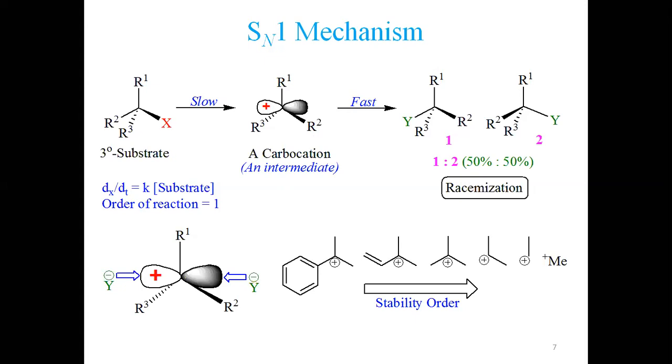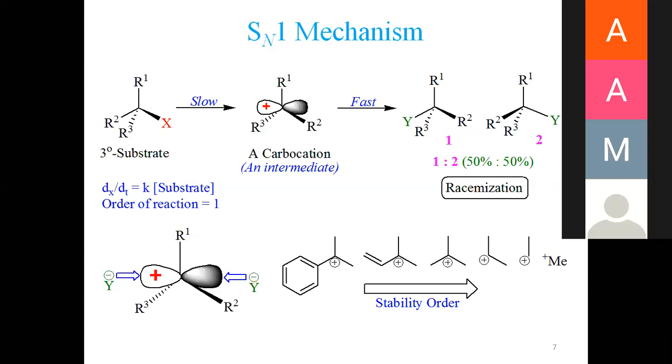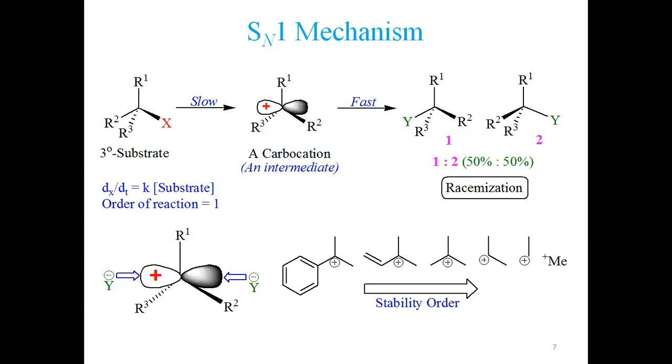That's why they shall react very fast with each other, resulting in the formation of products 1 and 2, which are enantiomers, mirror images of each other. So this is what we call stereochemically racemization. The first step is slow, and the second is fast, involving an intermediate.